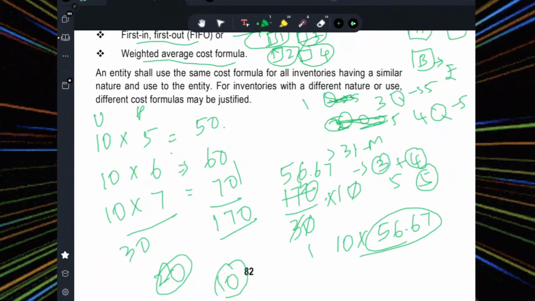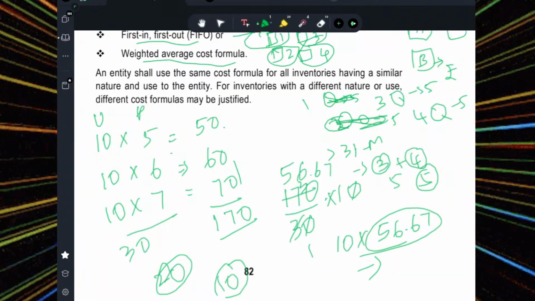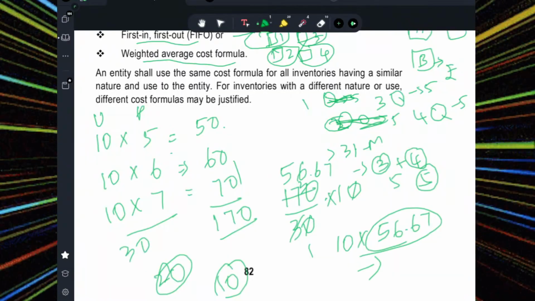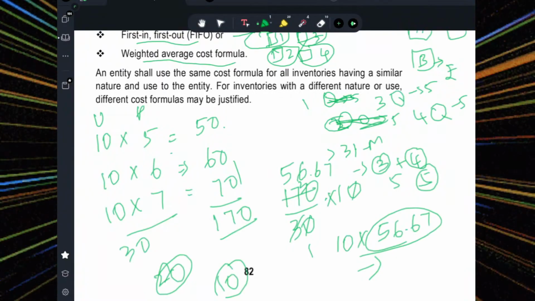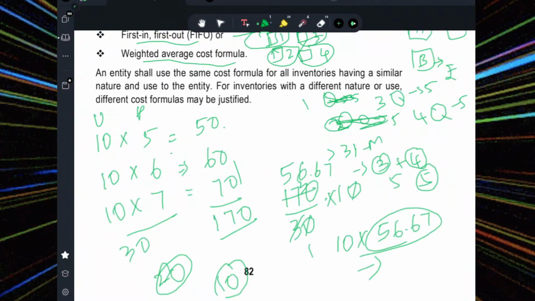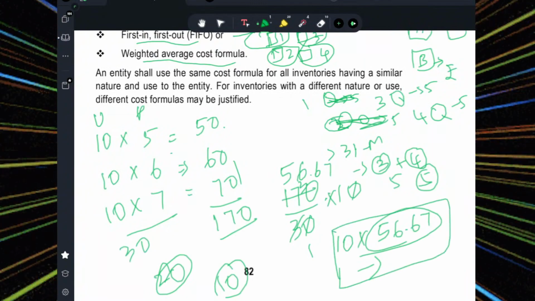This is the value of weighted average goods. That's it. If it were first in, first out, the value would be totally different. But in the case of weighted average, this is the value. This is how I will compute.